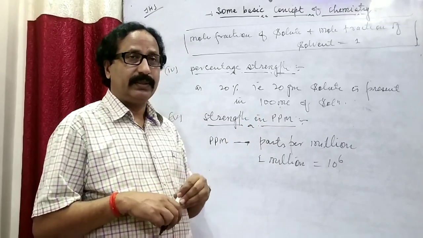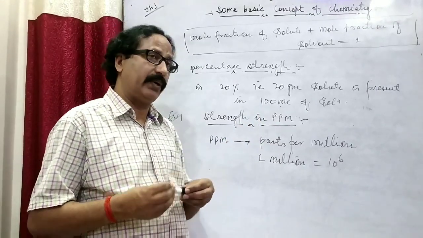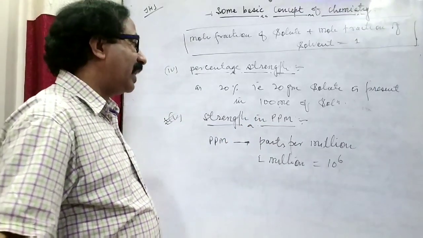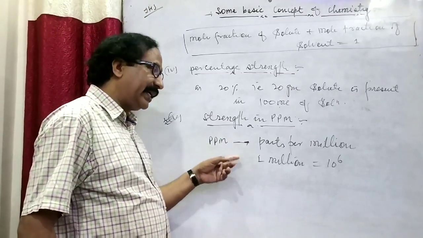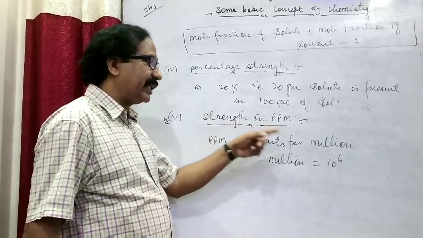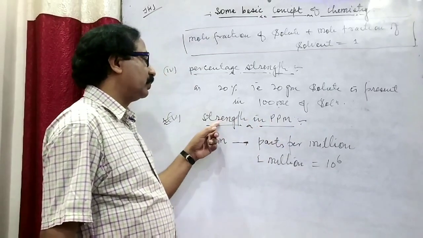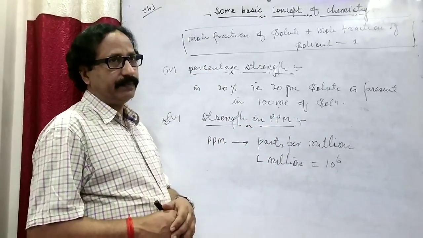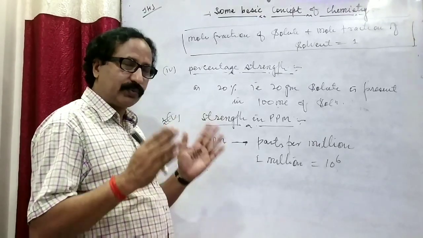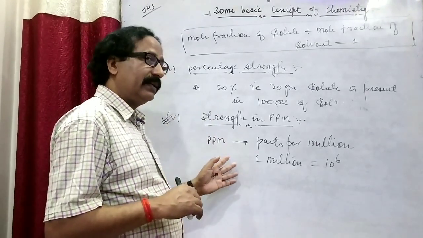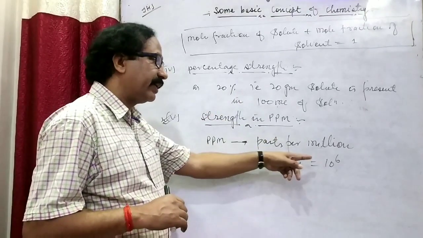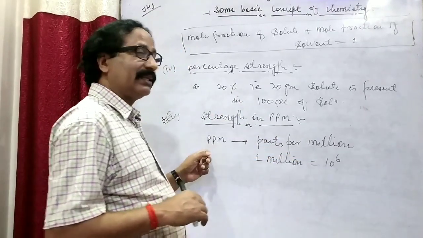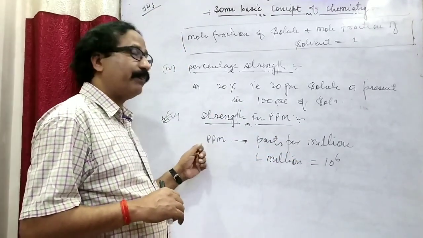Listen once more, that is very important. The amount of solute present in 10 to power 6 gram of solvent is known as strength in ppm.